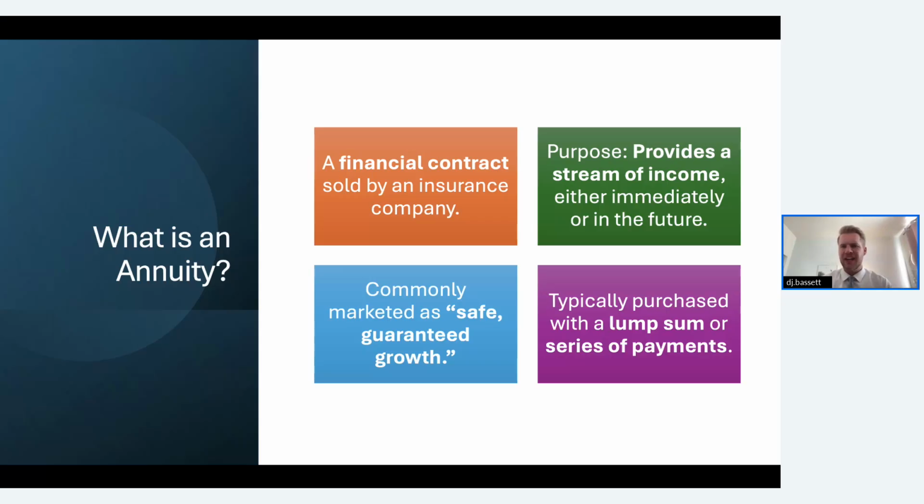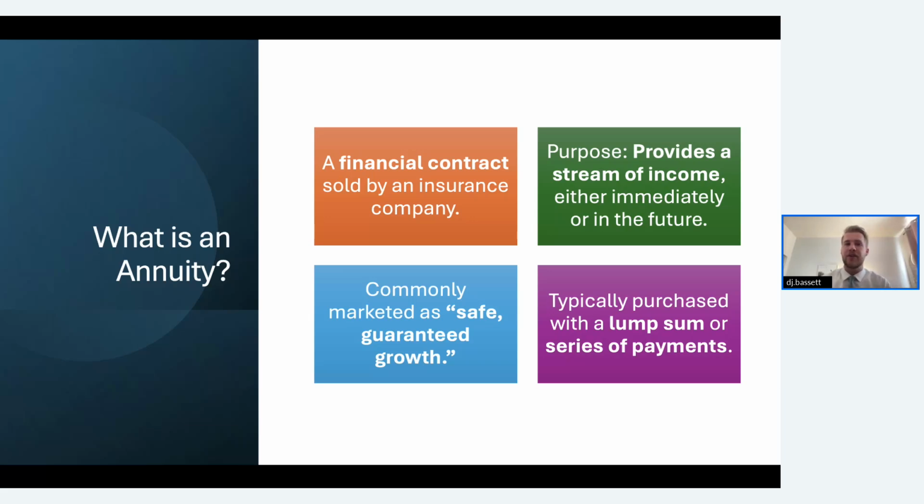So commonly, an annuity is a safe, guaranteed growth. There's a lot of those words thrown around with annuities, and they can do that because it's backed by an insurance company. A fixed annuity is an insurance product.